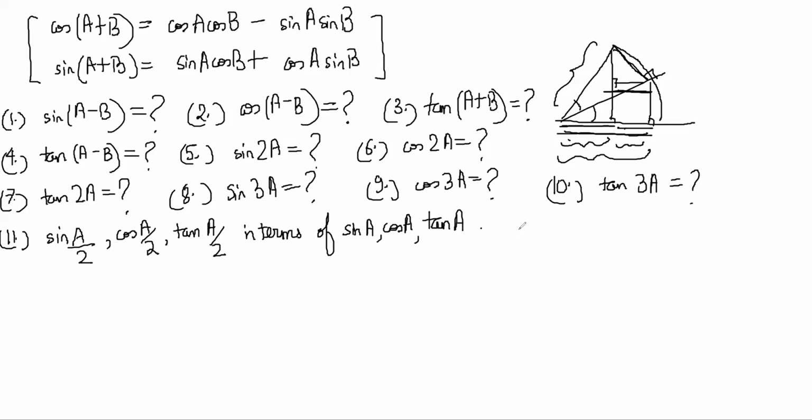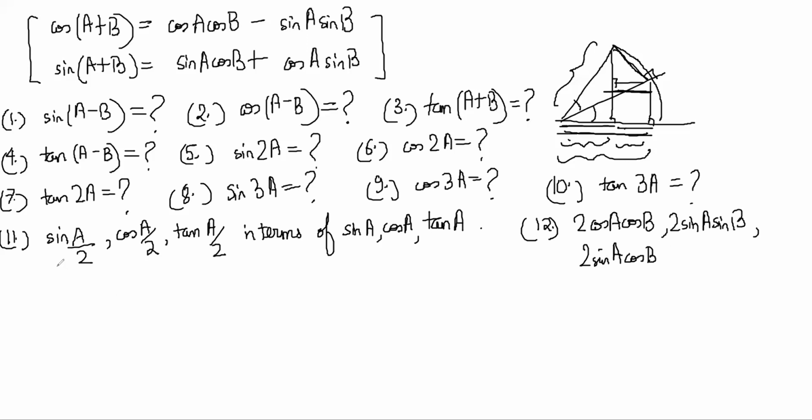This is 11. Then what is 2 cos A cos B, 2 sin A sin B, 2 sin A cos B, these three, and okay.